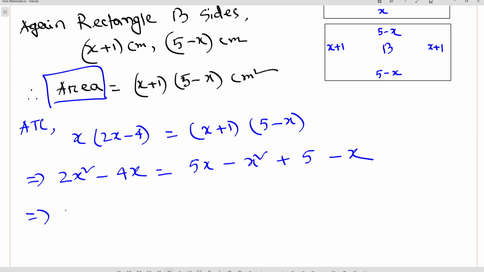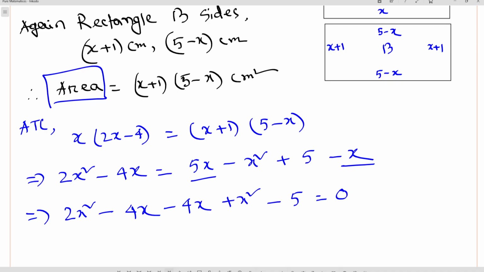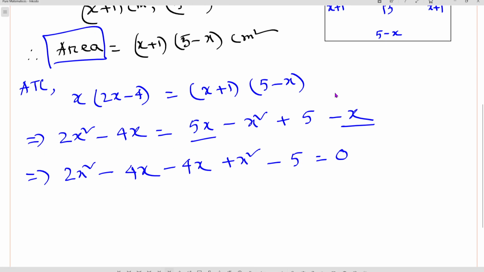So finally we can write 2x squared minus 4x, here 5x minus x means 4x, so here will be minus 4x, and minus x squared becomes plus x squared, and plus 5 becomes minus 5, and finally this equals 0. Now it will be 2x squared and x squared, 3x squared, minus 4x minus 4x is minus 8x, and minus 5 equals 0, right?